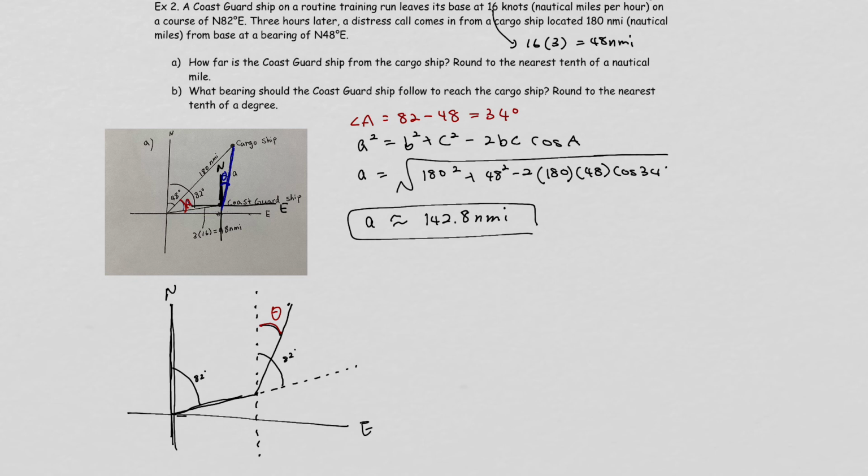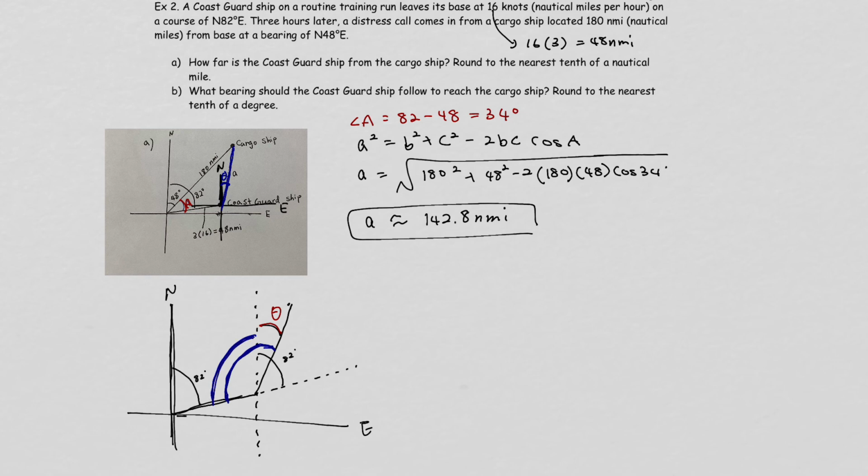So then, what else do we need to know? If I can find this angle right here, let me use a different color, which is going to be the angle of where the cargo is at, then I can do this angle minus this angle, and that is going to be your theta, right? And how do I know this angle right here?